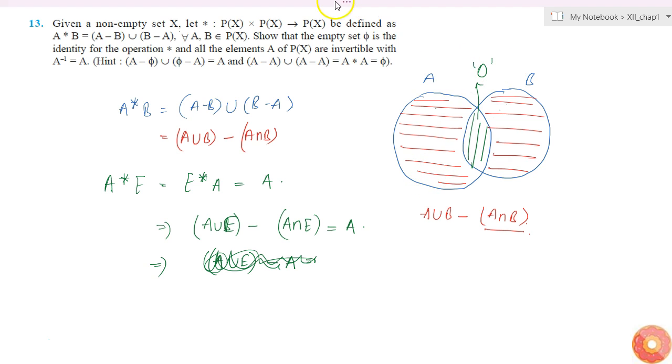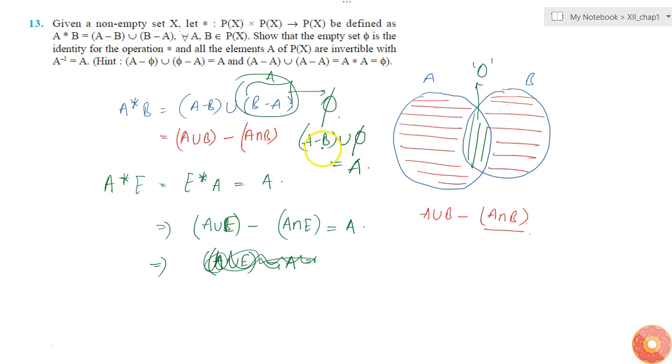We can see from here A minus E union E minus A must be equal to A. We know that E minus A contains no element which is in A, so from here we are only getting phi. So A minus E union phi is equal to A.